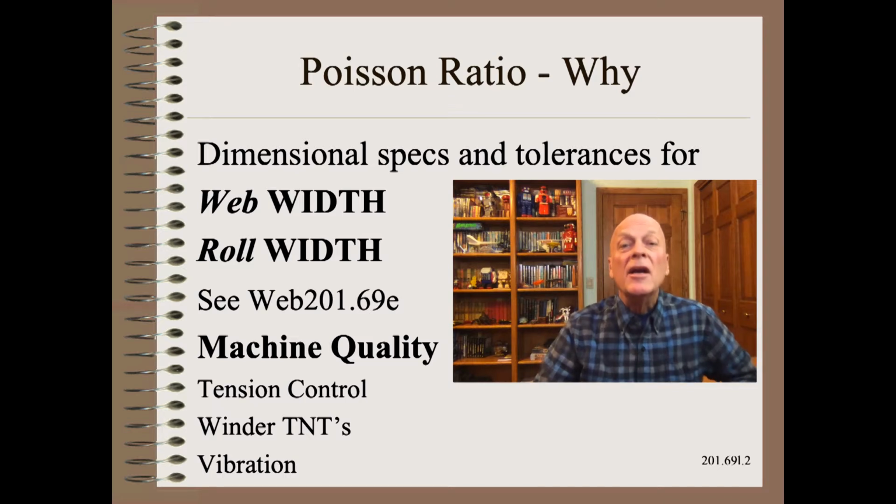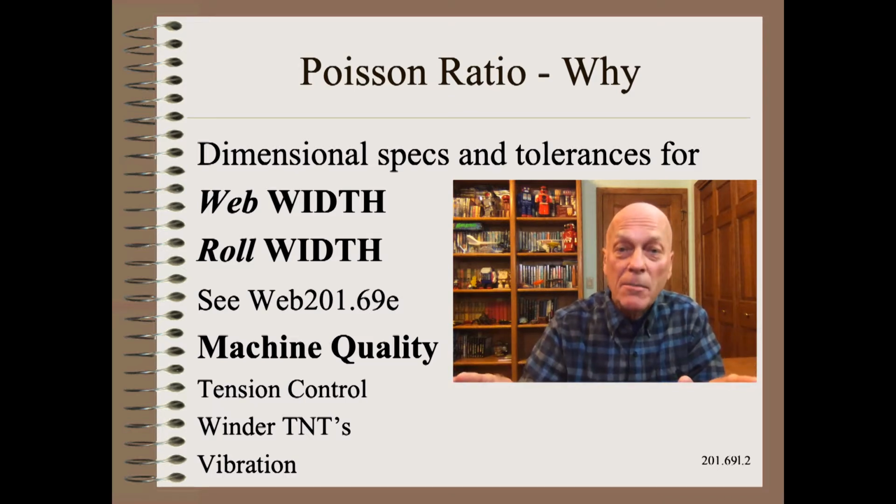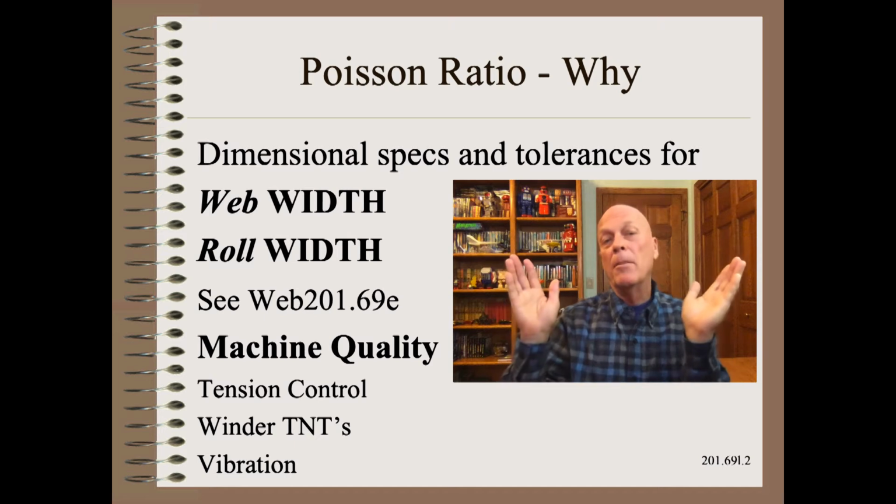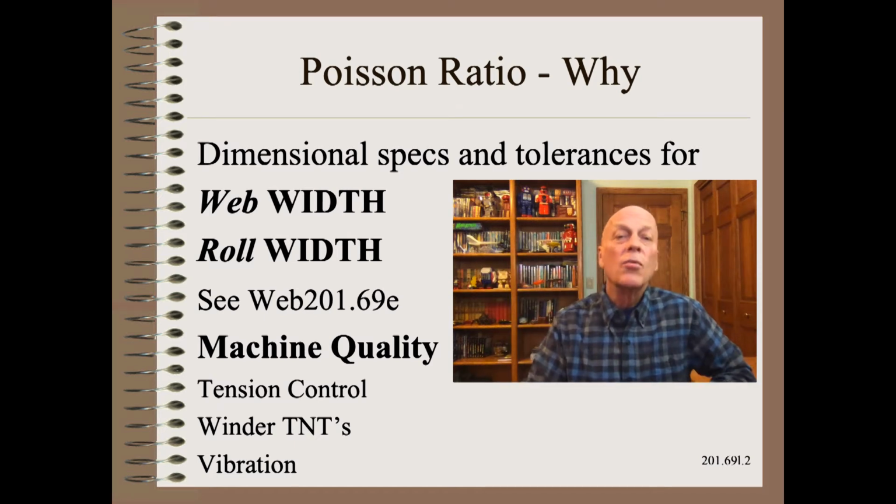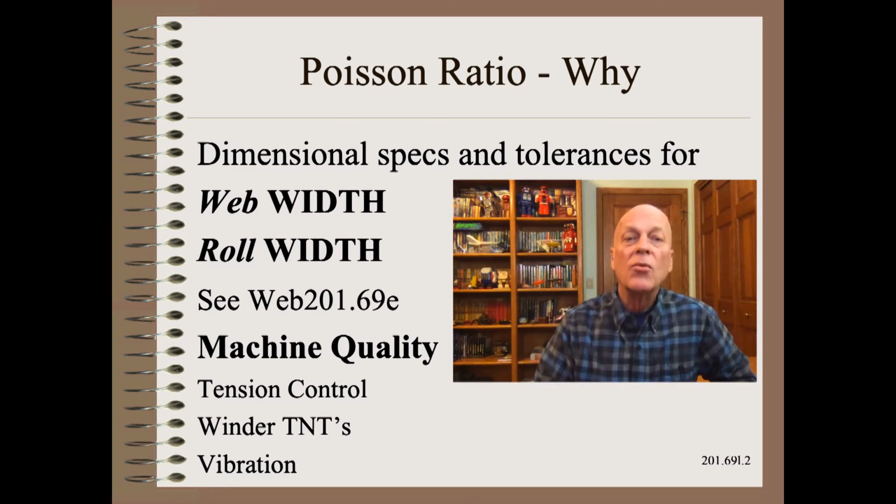Width may be the most universally specified of all the web properties. We covered width earlier in great detail in Web 169, so please review that clip if you have not already done so, because we will be building on those concepts here.